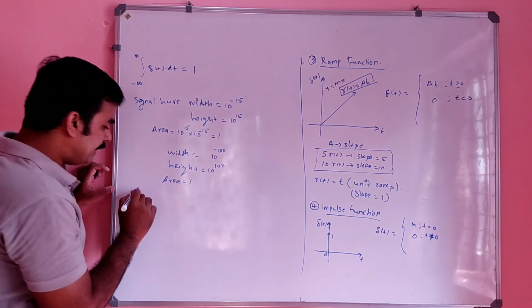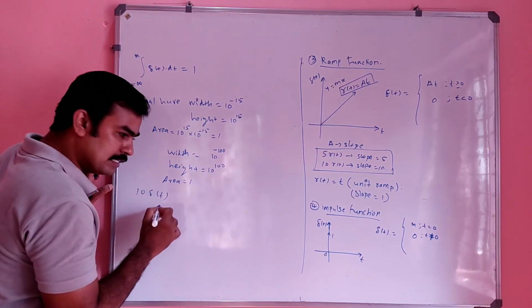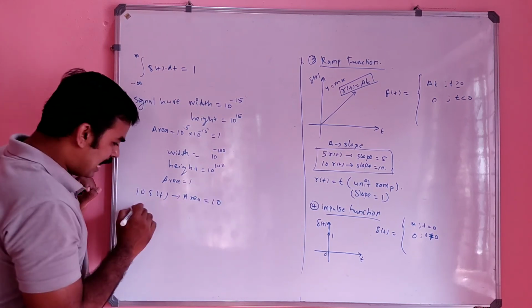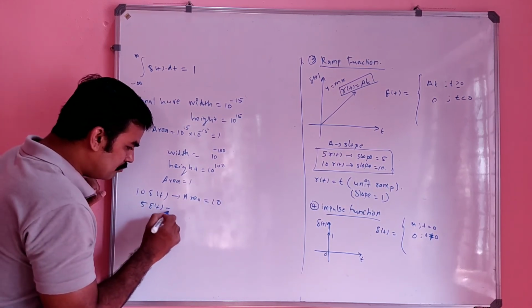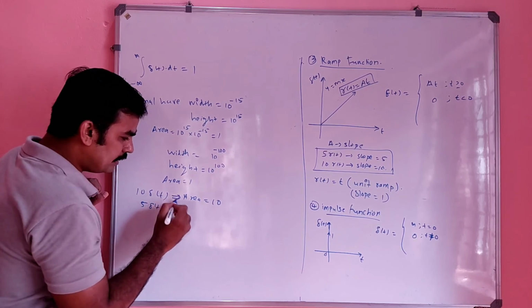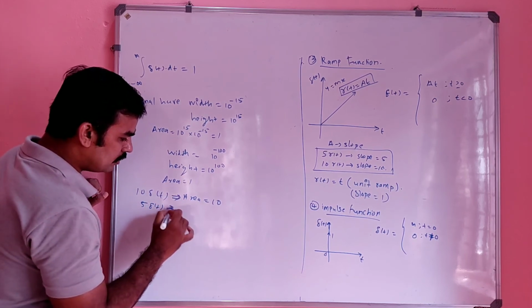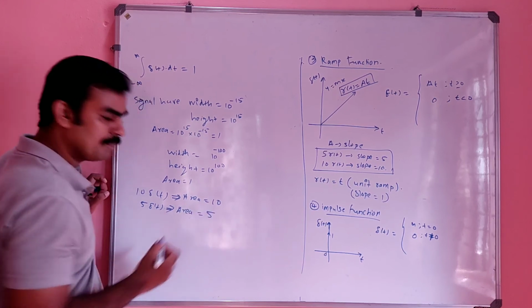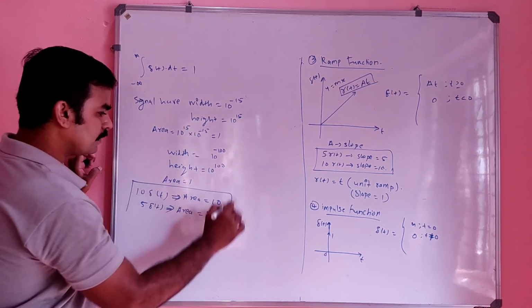If you have 10 into del of t, it means the area is equal to 10. If you have 5 into del of t, it implies the area of the function will be equal to 5. Very, very important.